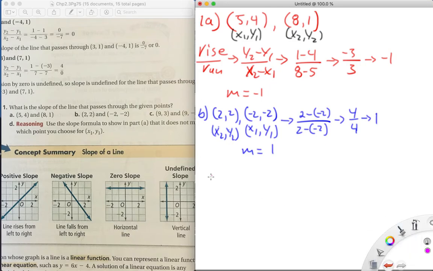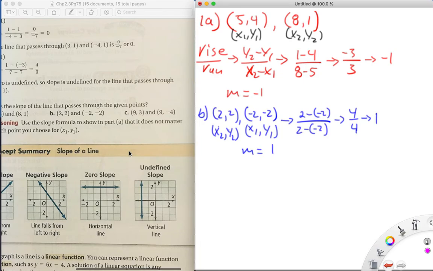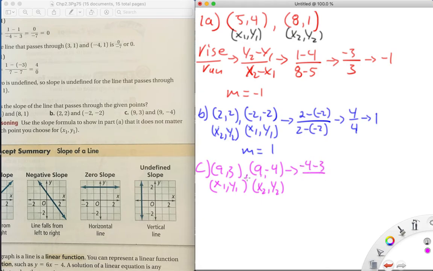And then for C, we have (9, 3) and (9, -4). We can call these x1, y1 and x2, y2. This would be negative 4 minus 3 over 9 minus 9.